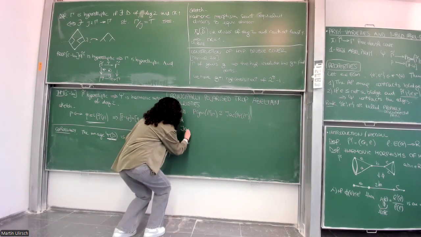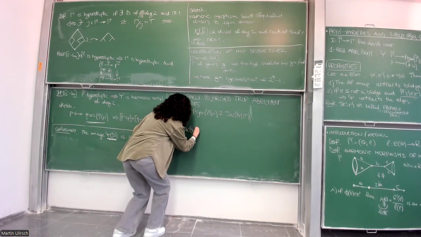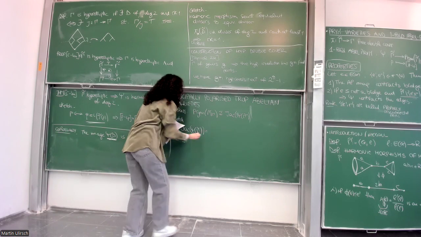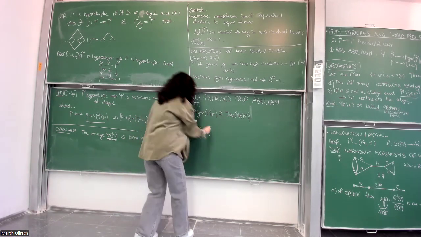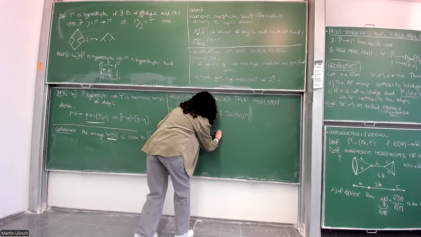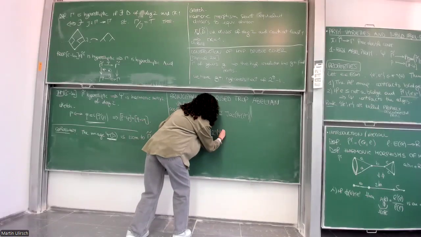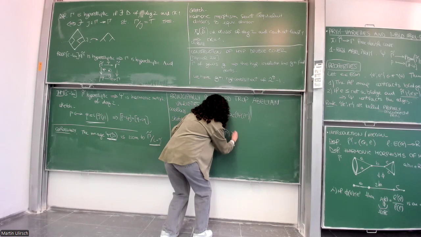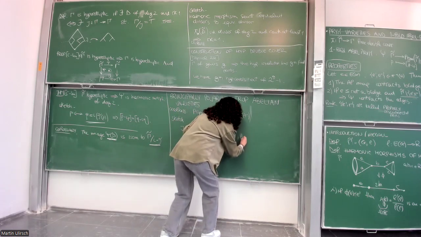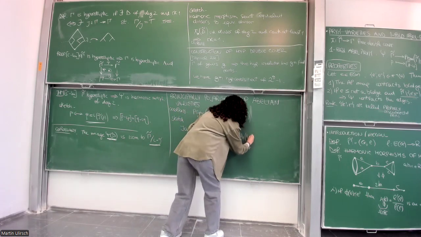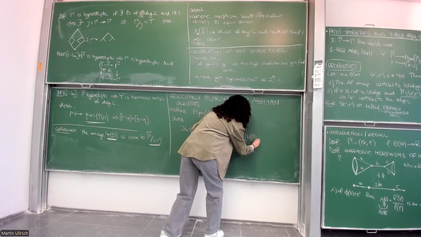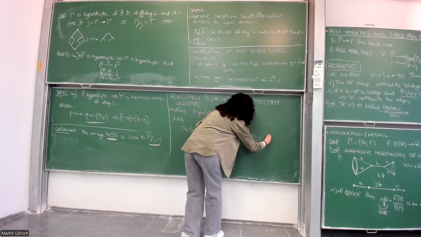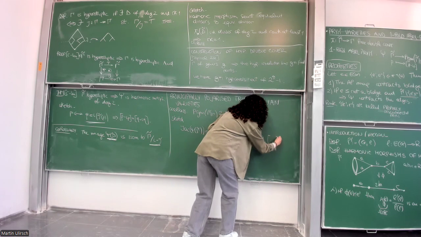So the Jacobian is given by these two lattices. It's the one forms of the image, gamma tilde is H1 of the image, and the intersection pairing.